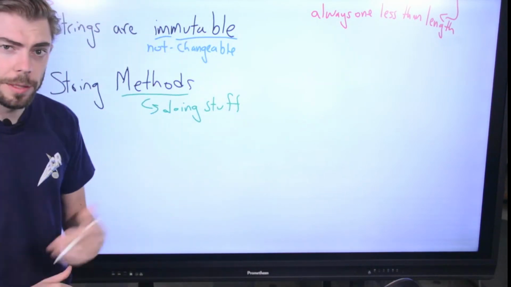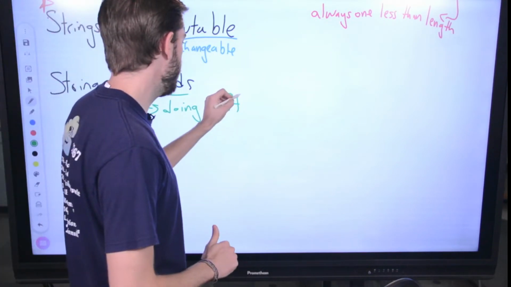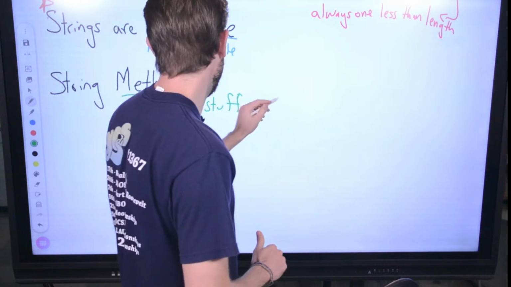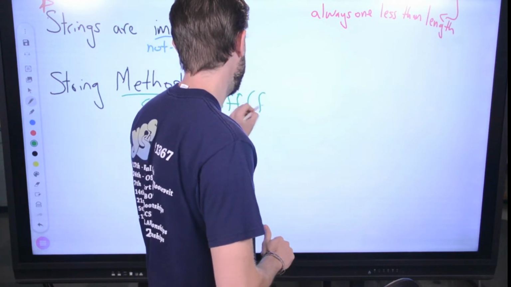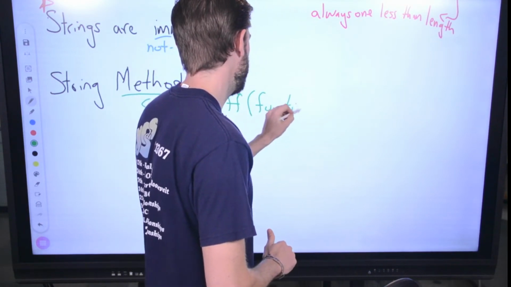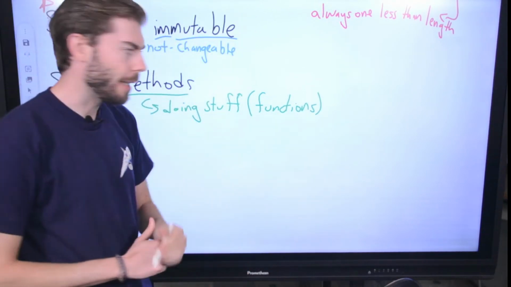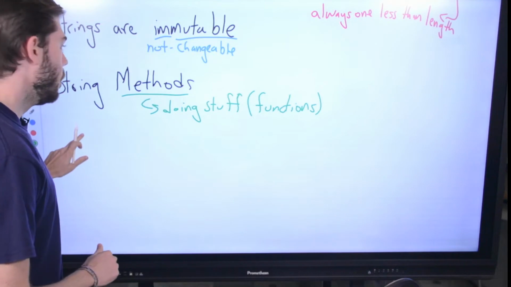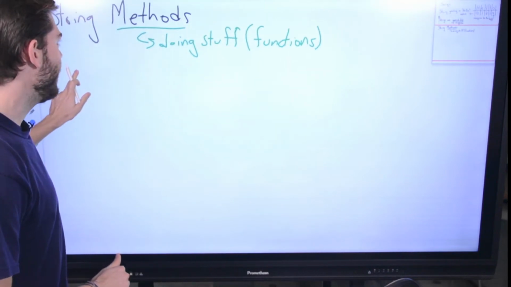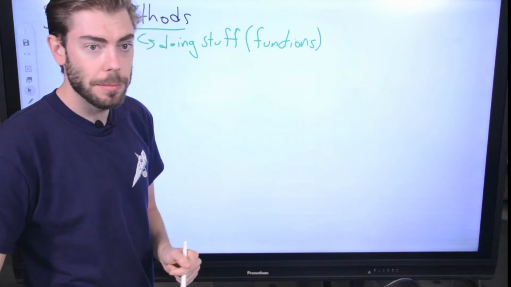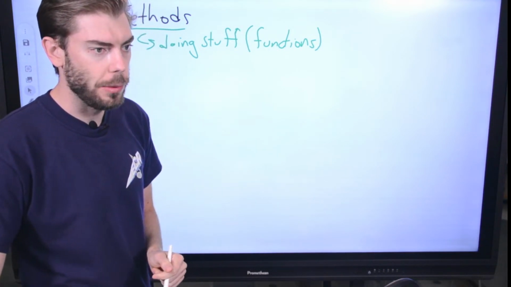If you come from another programming language, you might have heard something similar, but not the same, called functions. Methods have to do with objects. So string methods, doing things to strings.